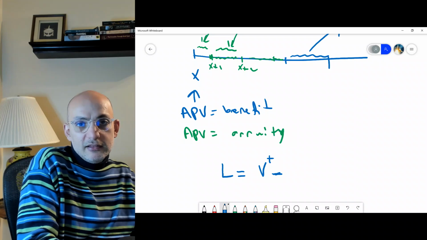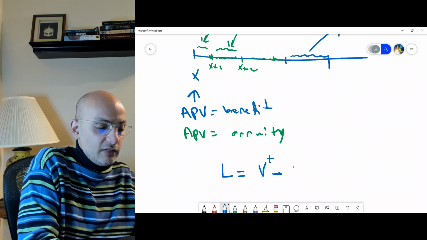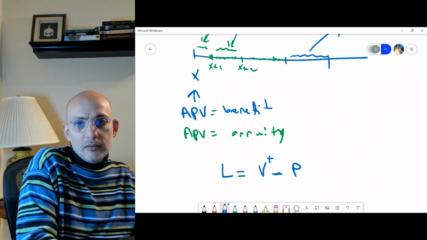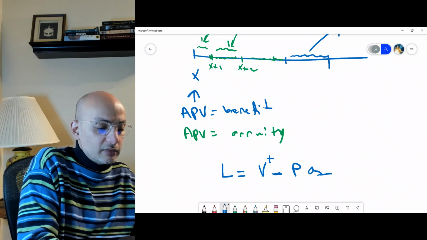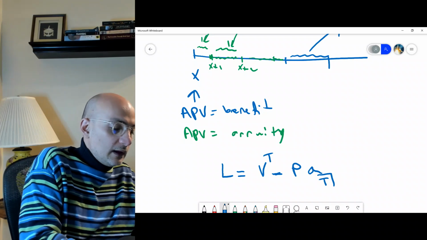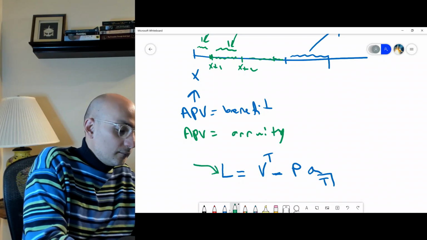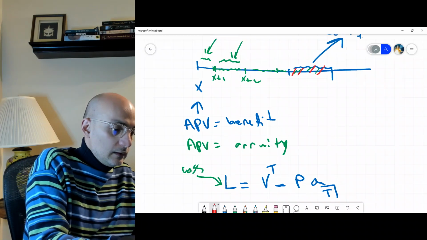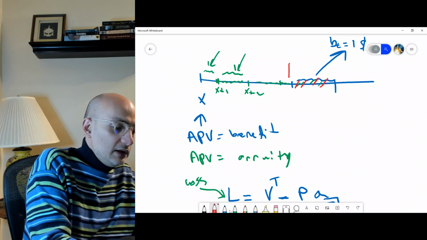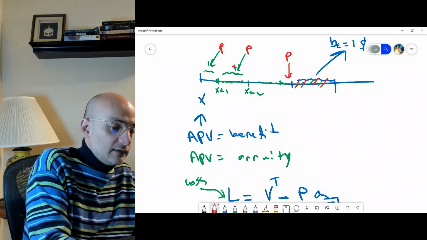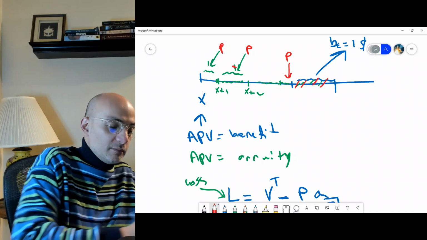I said that he or she didn't pay any premium, but imagine they paid the premium, and they paid it until time of death, right? And this is the loss. So if death happens here, the last premium is paid here. Instead of 1, it's P. The last premium is paid here, and then death happens, you get it back, right?